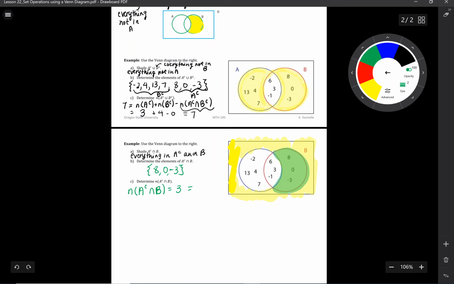But I can also say that this is n of A complement plus n of B minus the number of, oh, actually, we can't use this rule here. Sorry, we can't use this rule here because my rule, n of A union B, is only valid for unions. This is an intersection. So in this case, we can just count them, which is 3. So the number of elements in both of these is 3: 8, 0, and -3.